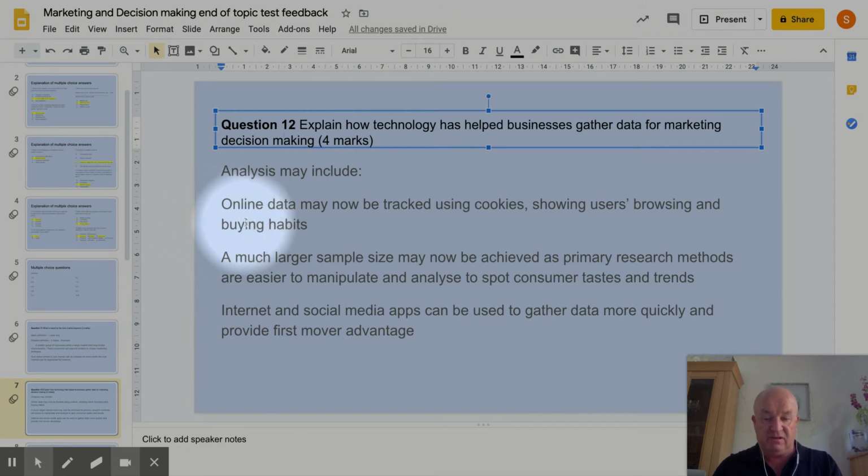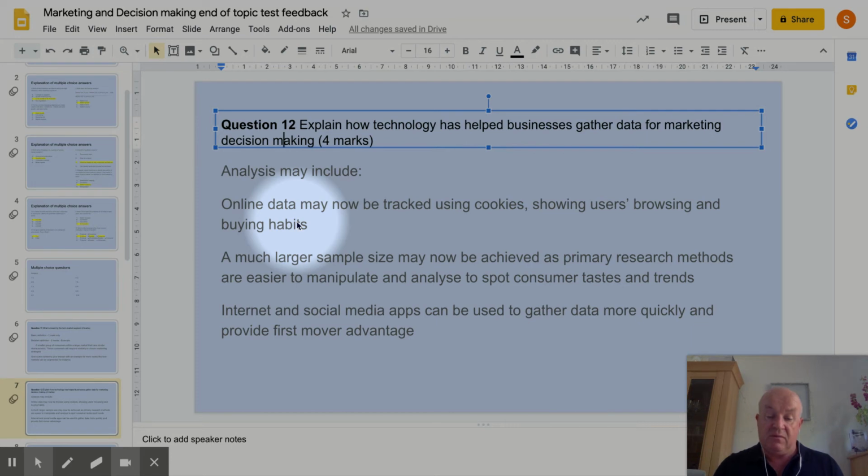So first things first, obviously one of the things that you could talk about is the online revolution and the fact that we've got so much e-commerce and so many different ways now of tracking the way in which customers might view online data. And that can be using cookies. It can also show users' browsing and buying habits, which clearly can be used then to estimate how they might buy in the future.